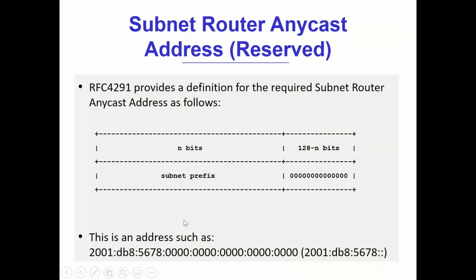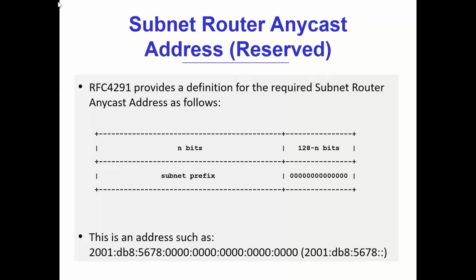There are some other things that you may want to consider. When you start trying to assign addresses on your router interface, it will tell you, yep, you can't do this. There's a number of reserved addresses.